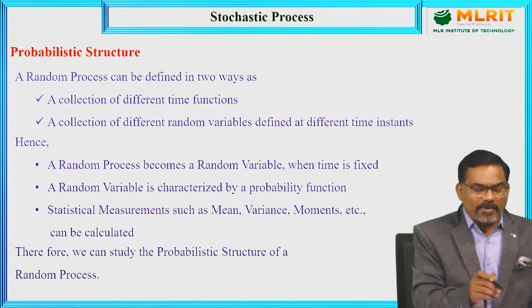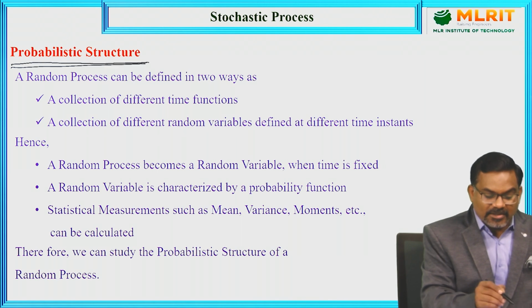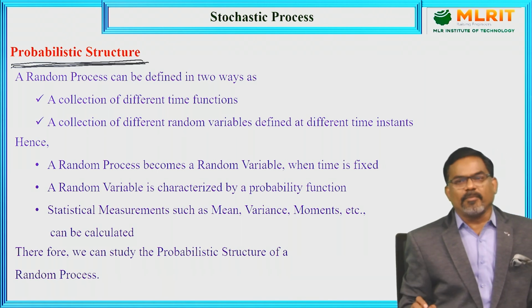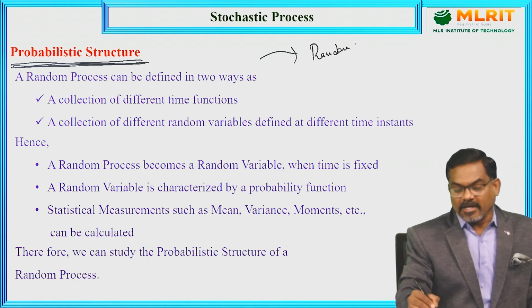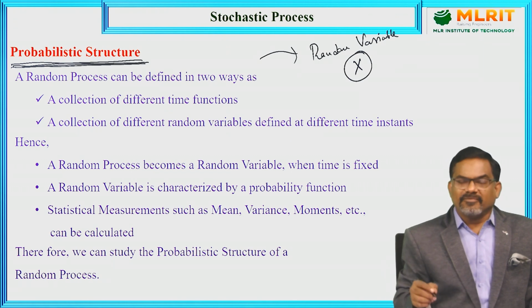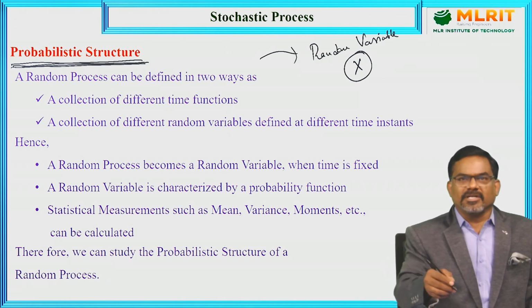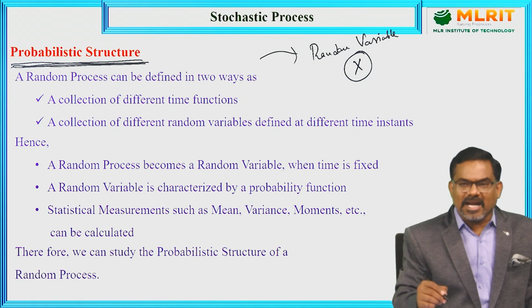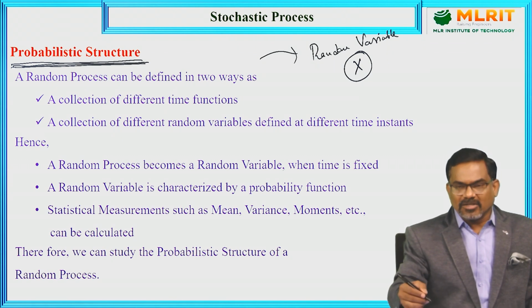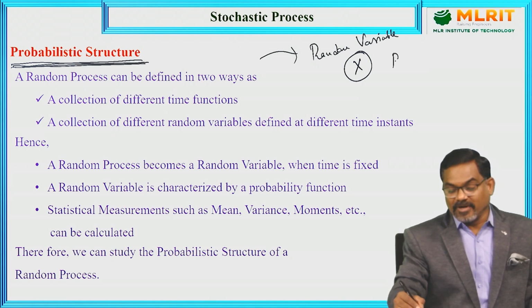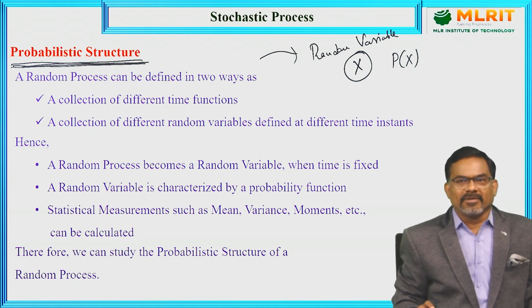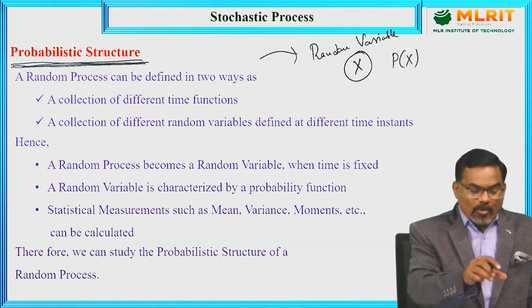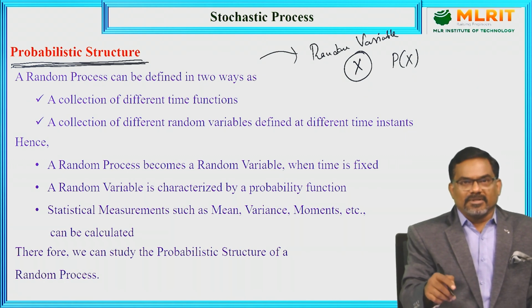And coming to the probabilistic structure. Here this concept is related to probability because it is involving the random variable x, which depends on time, that comes under stochastic process. So, if there is a random variable, it takes some values, and also we can find the probability of the random variable at some particular value of that capital X. So, probabilistic structure of stochastic process.